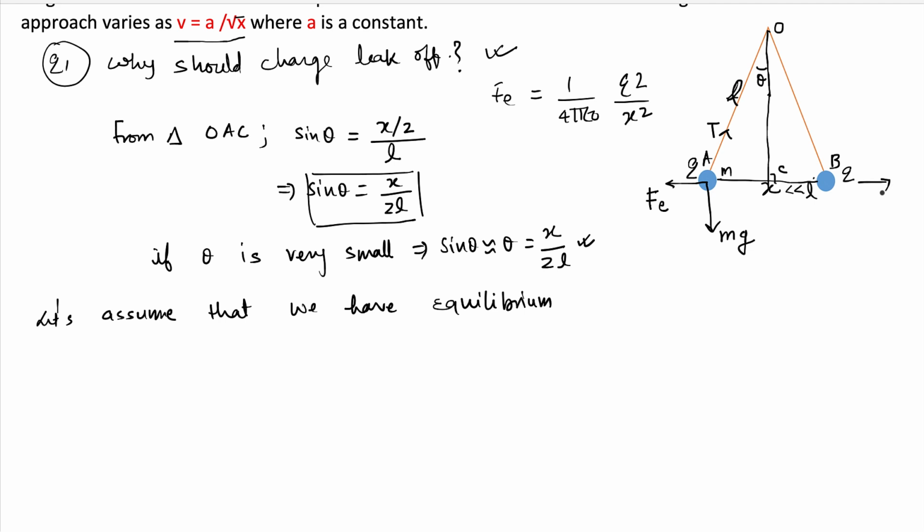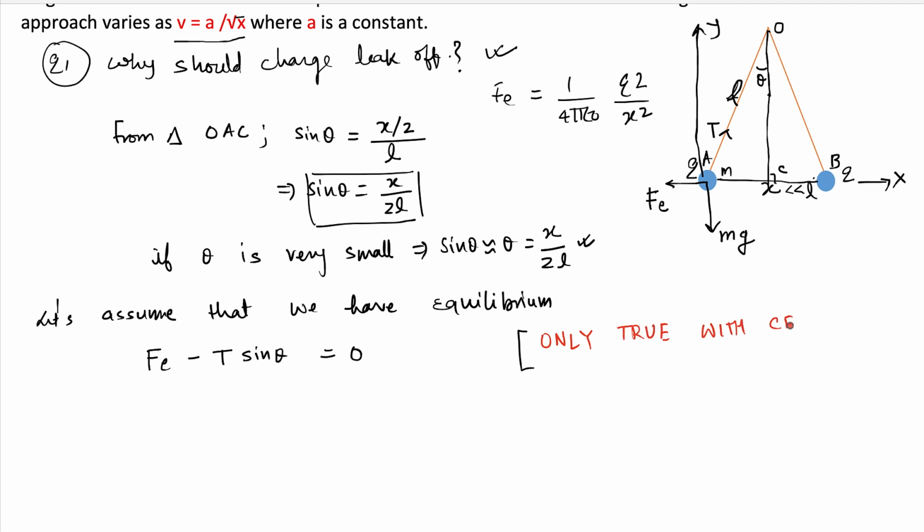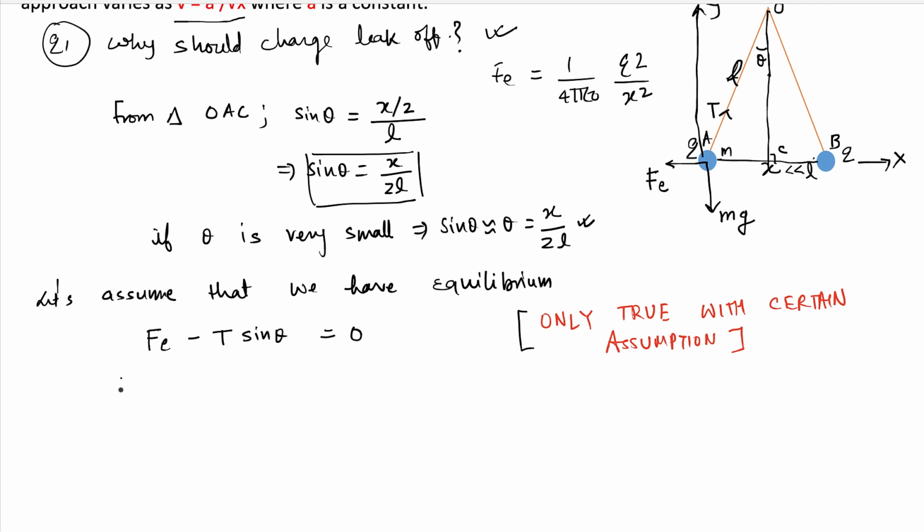If you take this direction as x and the vertical direction as y, we have Fe minus T sin theta equal to 0. Although I just want to point out, this is only true with certain assumptions. So Fe, which is 1 by 4 pi epsilon naught q square by x square, equals T sin theta.